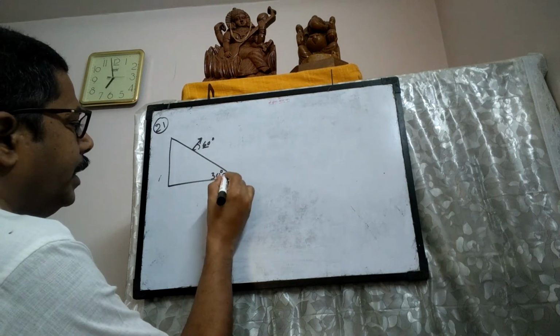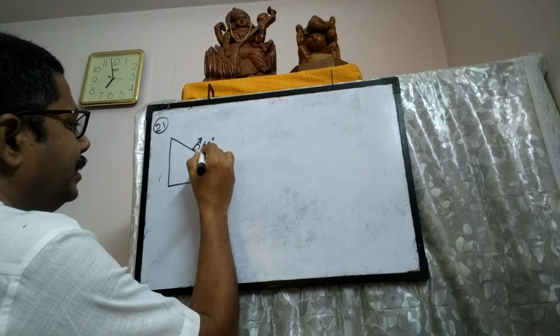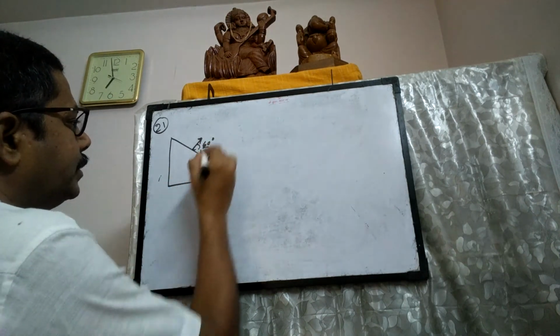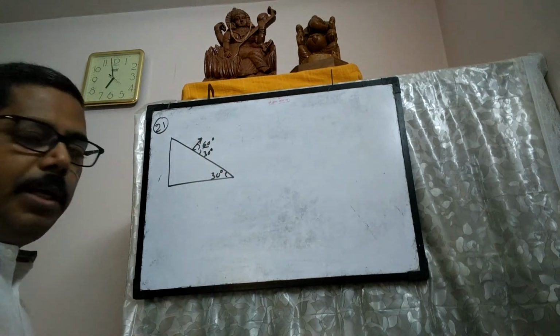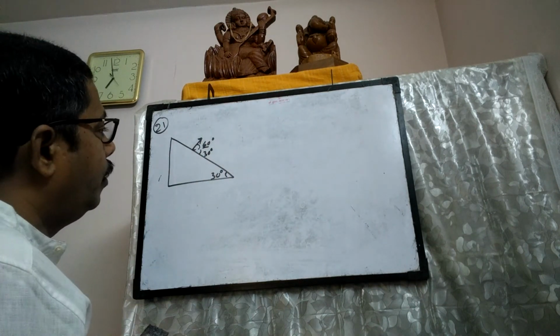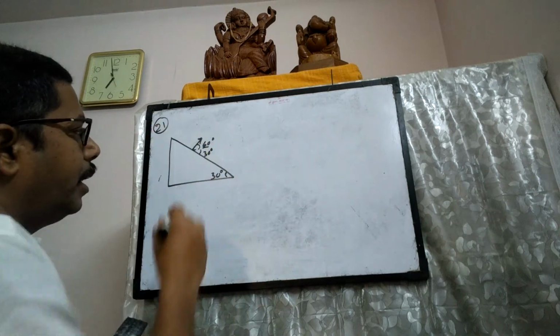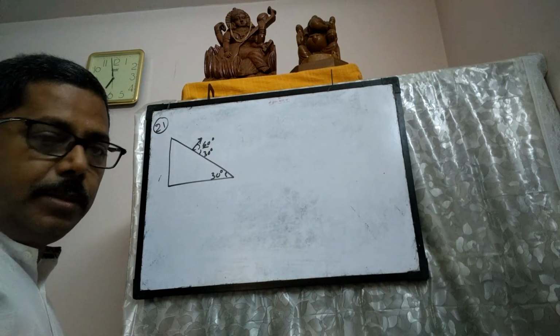Now if this is 30 degrees, these two are alternate angles, so this is also 30 degrees, which means the body is projected perpendicular to the inclined plane, right?